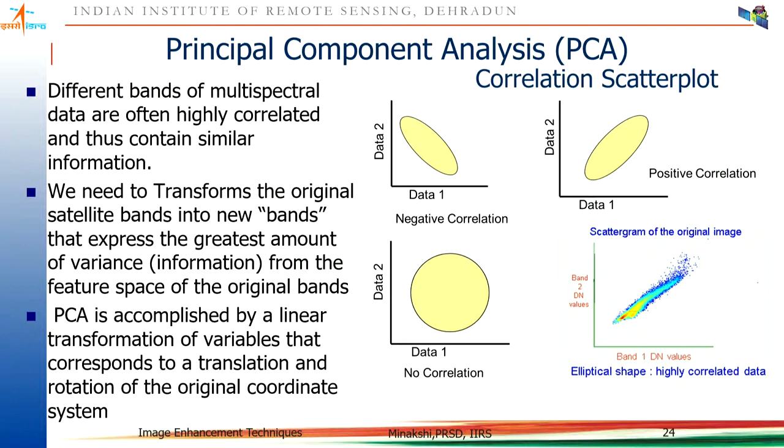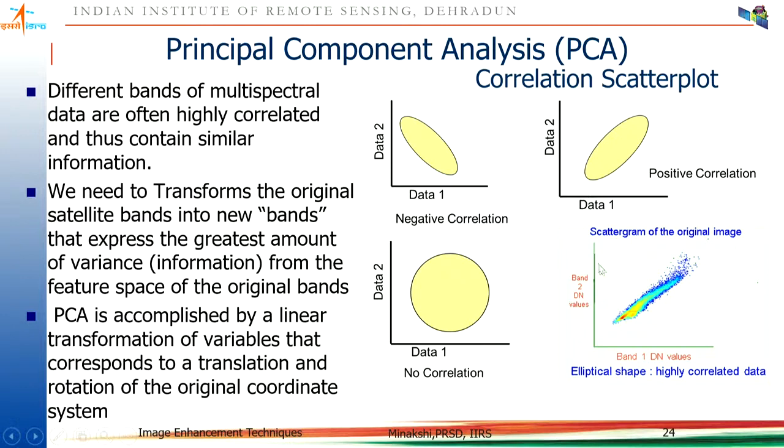The second example of image transformation is a technique called as principal component analysis. Now, principal component analysis is a technique to transform a highly correlated data set into an uncorrelated data set. We know that if I have a data set, if I plot it one band versus another, I may get a positive correlation or a negative correlation, and if the data is spread, there is no correlation.